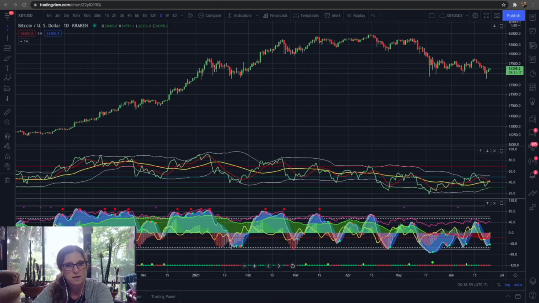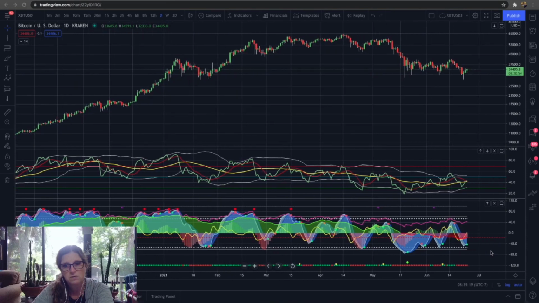So we had it here, which coincides with this correction. This correction, it came to the downside. This correction, the blue waves came to the downside. And now this current correction that we're in, as you can see, the blue waves are still on the downside.